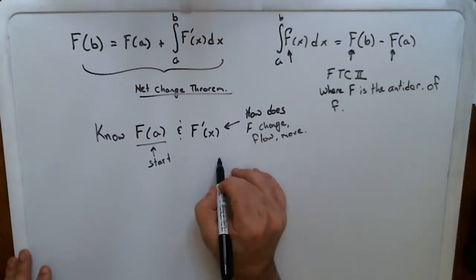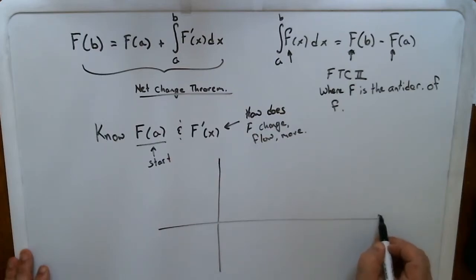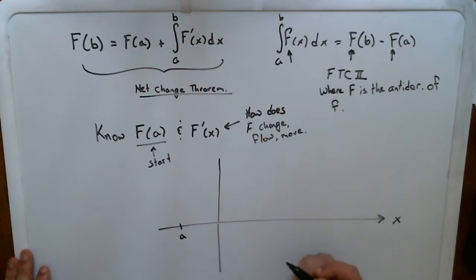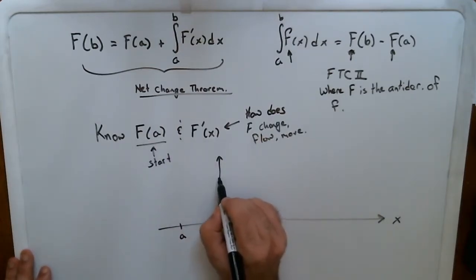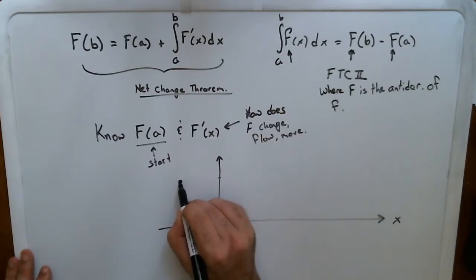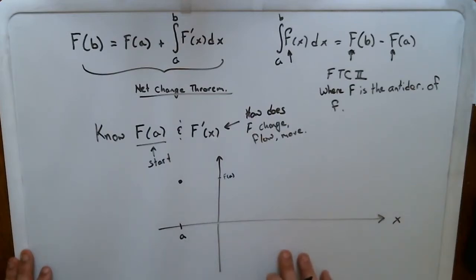Okay, so to get this pictorially, I'm going to make this my x-axis. And let's say there's a point A right here. My known information so far is I know this point right here where that y coordinate is f of a.